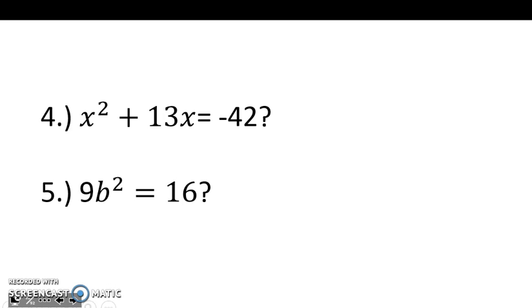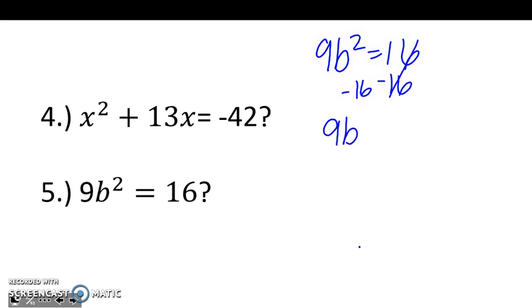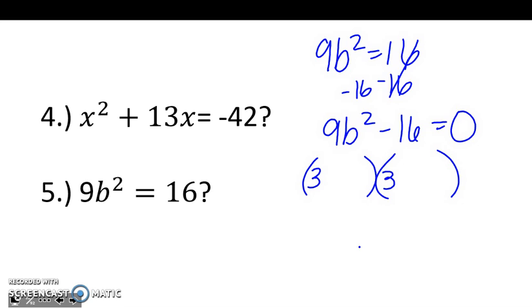All right, same thing on this one. It has to equal 0. So we're going to take 9b squared equals 16. Subtract the 16 over. So I get 9b squared minus 16 equals 0. Guys, remember this is one of the special cases. So we have to figure out the square root of 9, which would be 3. So those get a b. And then we need the factors. So obviously it's going to be 4.